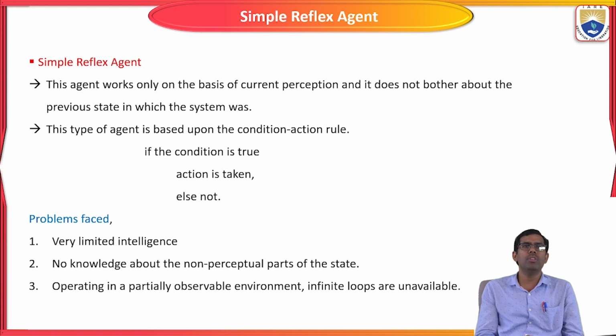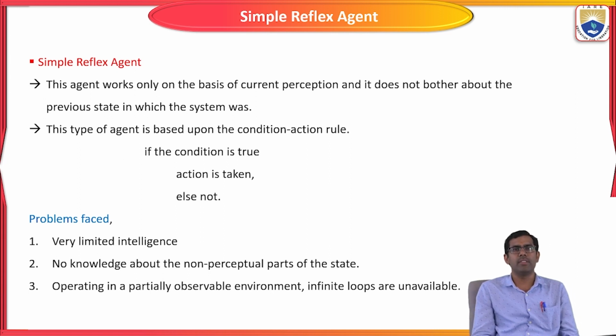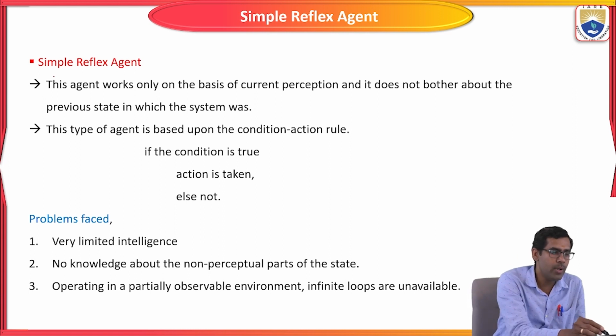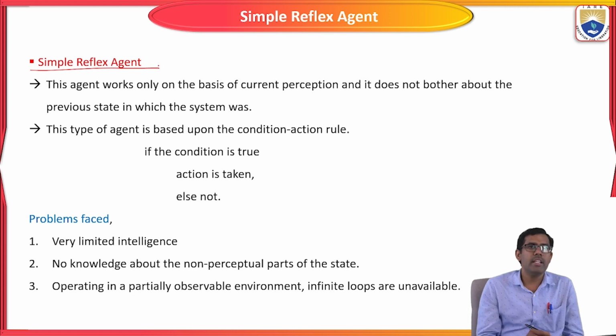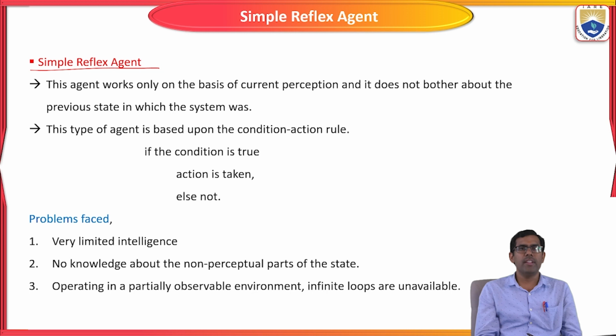First we will move on to the simple reflex agent. In the name itself, the meaning is simple reflex. So what is the simple reflex? Based on the problem statement and the environment, we simply do some action on the environment through some particular actuators.